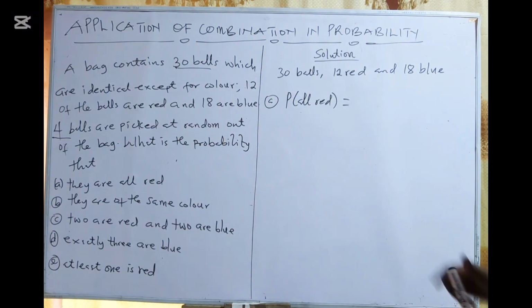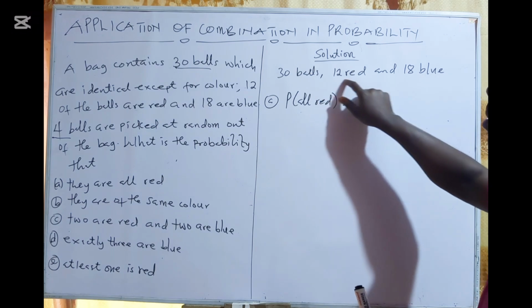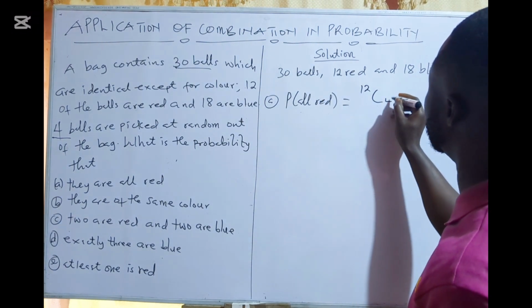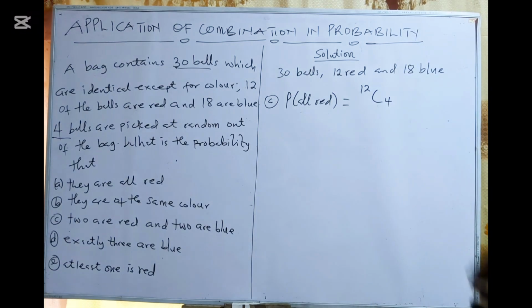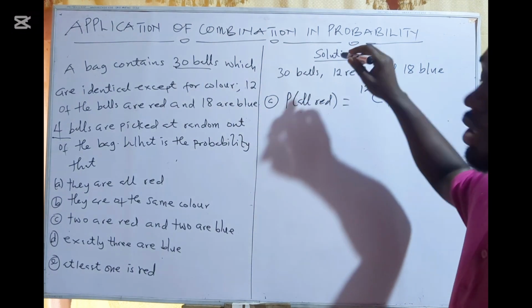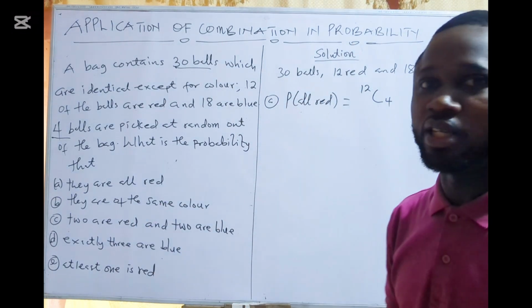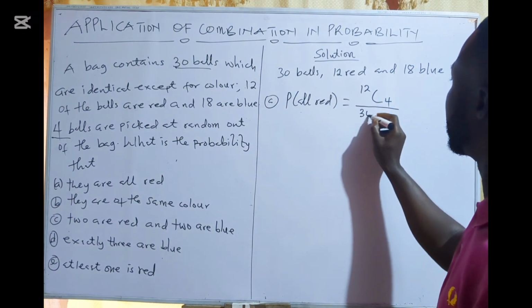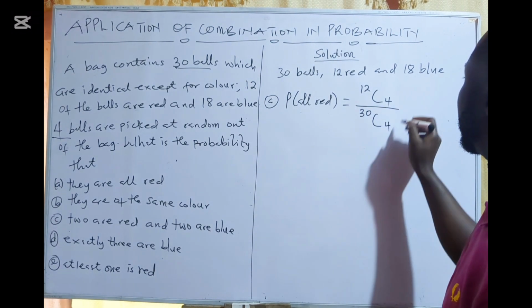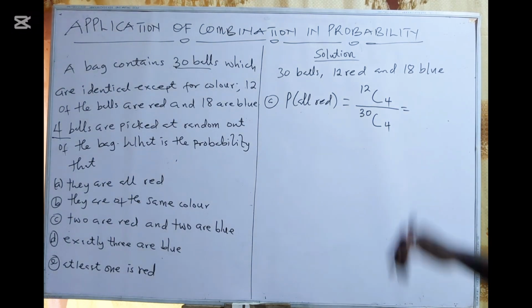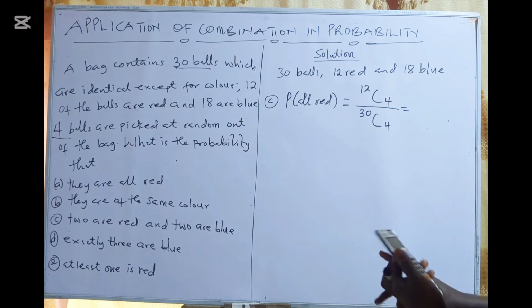So if they are all red, then out of the 12 red balls, I'm going to select 4, because all the selection is red. Divided by the total, 30 combination 4. So this is what I'm going to have: 12 combination 4 divided by 30 combination 4.